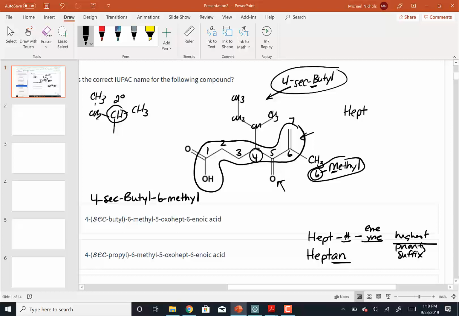So in the naming, when you get to the end of the name, you can really only have the total number of carbons, whether it's a single, double, or triple bond, and then the highest priority group at the absolute end. So this is going to be a hept.